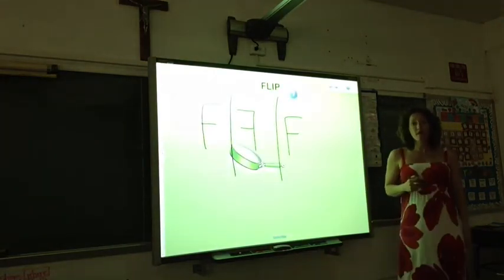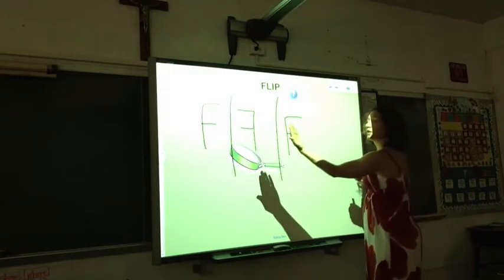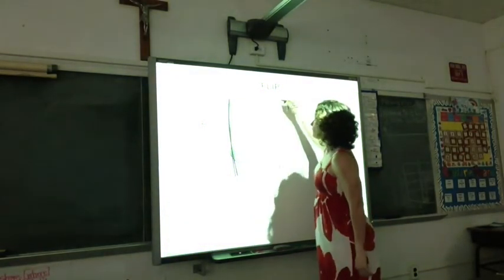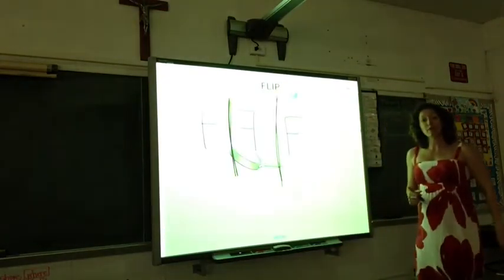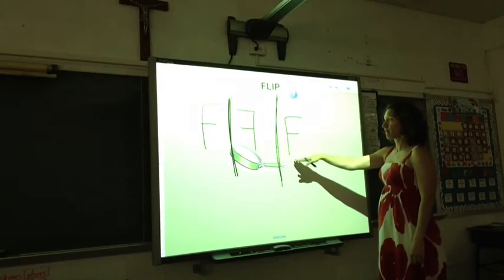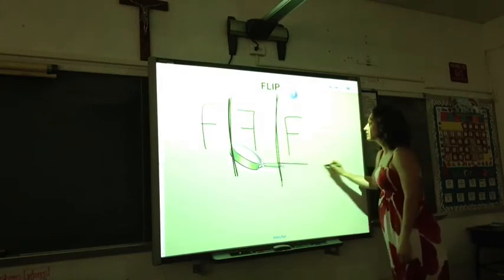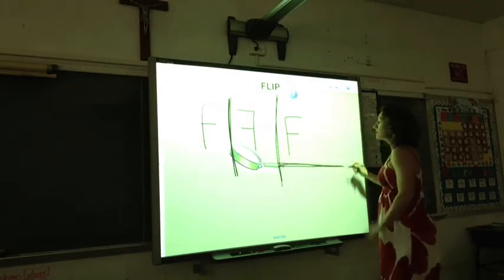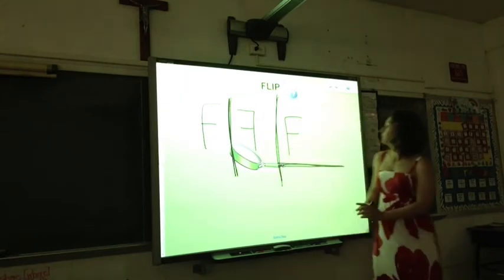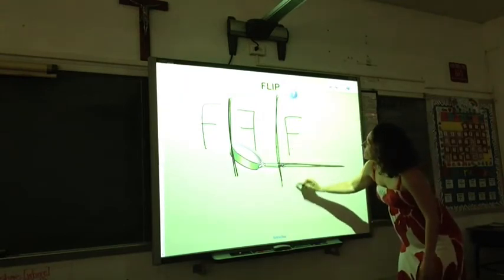Okay? Now remember, I can flip it over a vertical line. These are my vertical lines. I'm flipping it over. Or I can flip it over a horizontal line. So let's take this F, and let's flip it over a horizontal line. So if I take this F, and I flip it down like this, it's going to look like this.